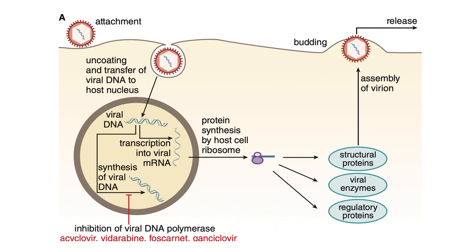So this step right here is how the viral infection hijacks the host cell's machinery. These proteins reassemble in a spontaneous pattern to form an immature virus, which then buds off from the host cell and is released into the periphery of that infected host cell to infect other cells.